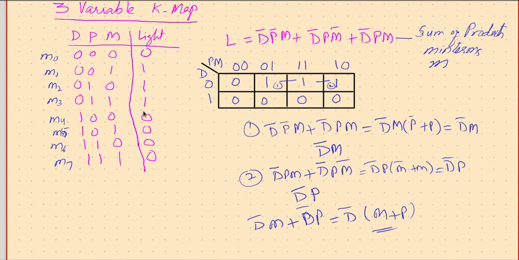So if you want to say what is L, L is 001, 001 is M1, or 010, 010 is M2, or 011, 011 is M3.